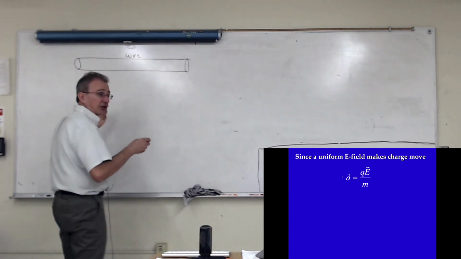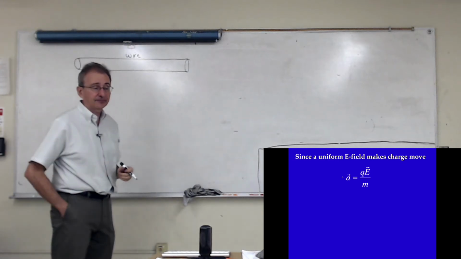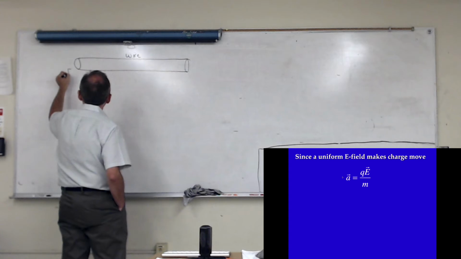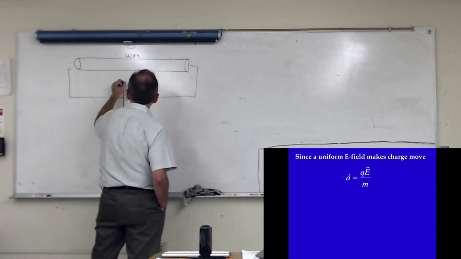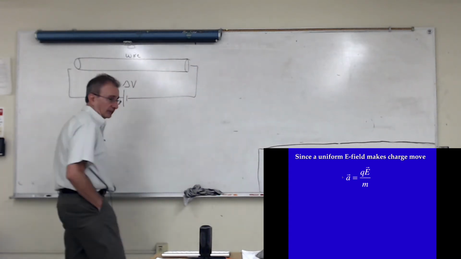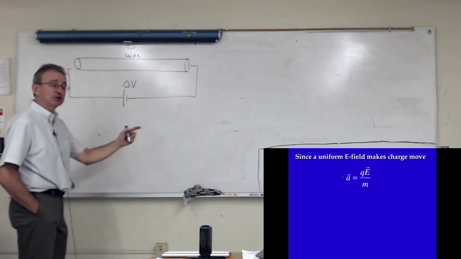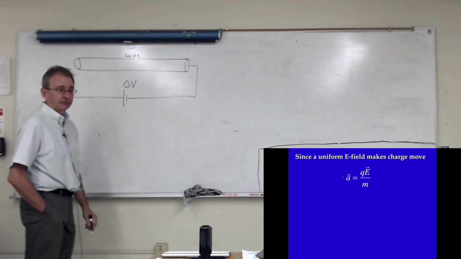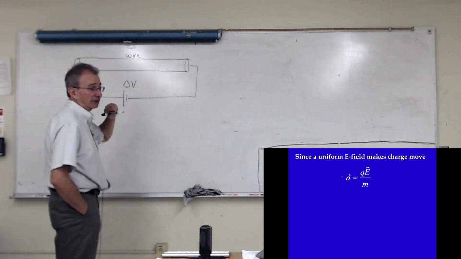And of course, the charge carriers in the wire are going to be electrons. We're going to apply a potential difference across the wire. Since you have a potential gradient across the wire, that means you have an electric field. Let's focus on one of the electrons that's experiencing this electric field.